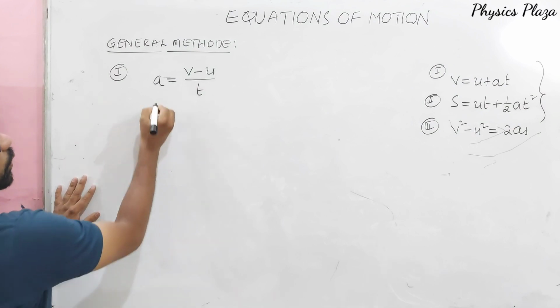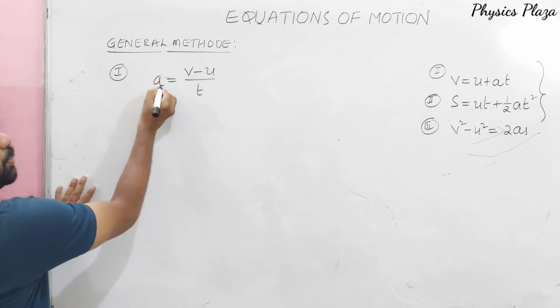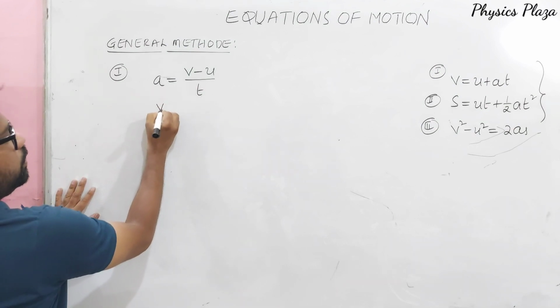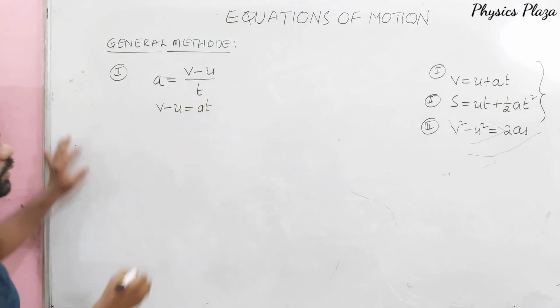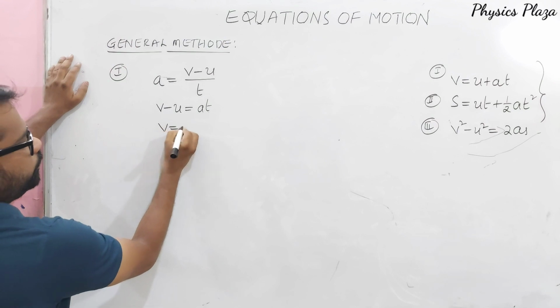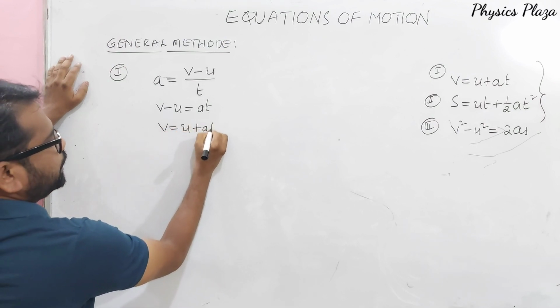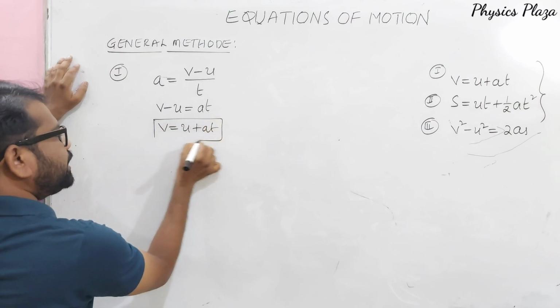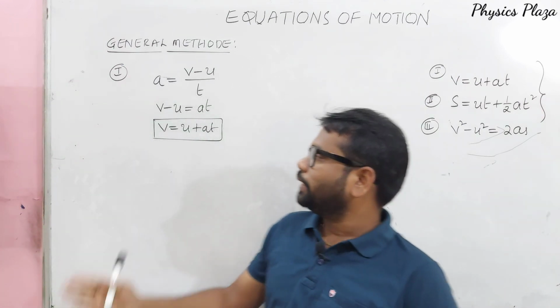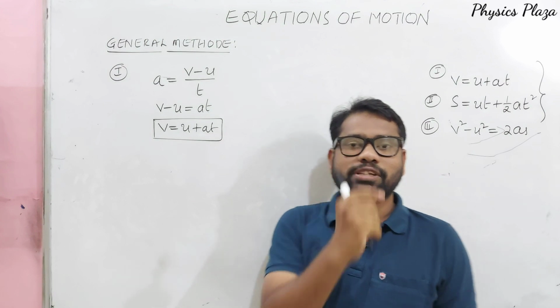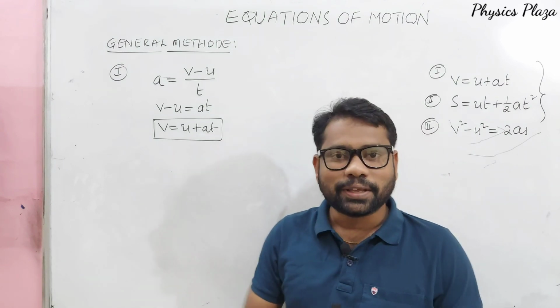Bringing the time to the other side so that it gets multiplied, we get v − u = at. Then from this, v = u + at. That's it. Children, it's very simple. If you know the definition of acceleration, you will get the first equation of motion, v = u + at.